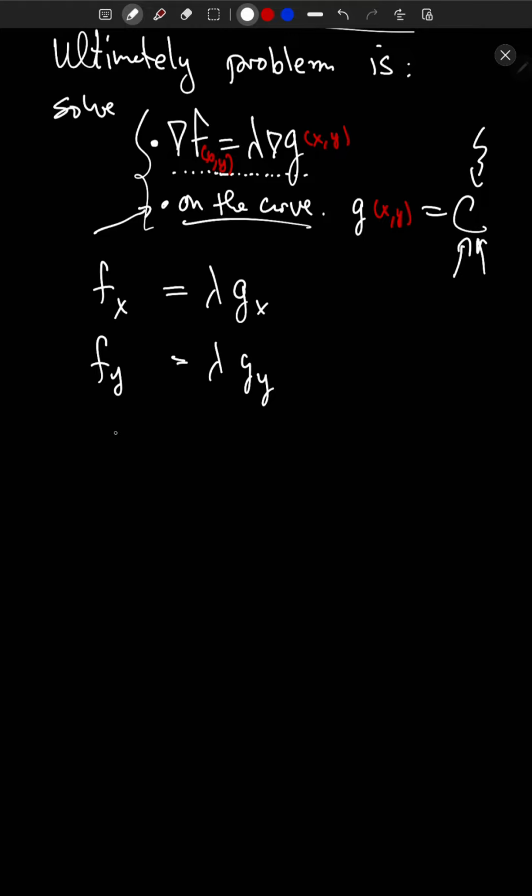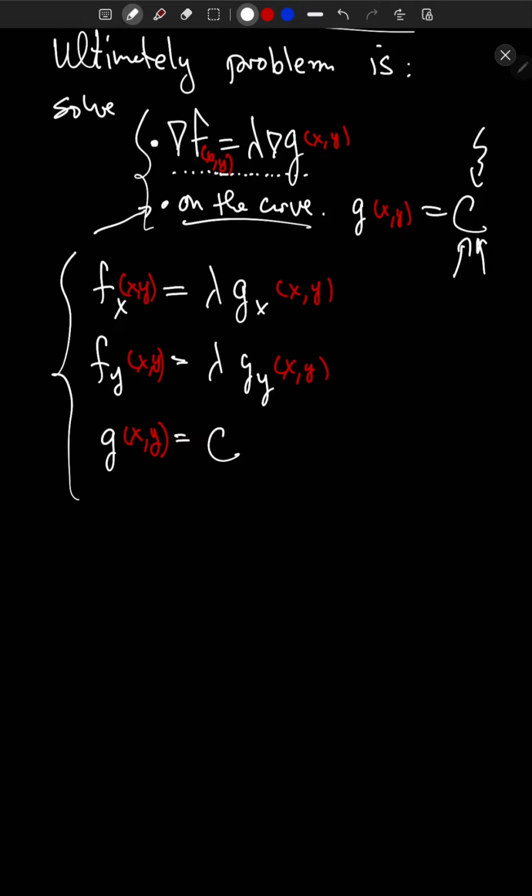And to be on the curve, you need g to be equal to whatever constant that level was supposed to be. All right, and again, all of this is x comma y. You're looking for the x comma y that makes these equations true. Okay, so one thing you notice here is that in the previous section, we solved gradient f equals 0. That was just f sub x equals 0, f sub y equals 0. 2 equations, 2 unknowns, right?